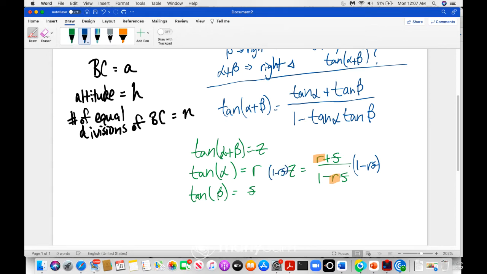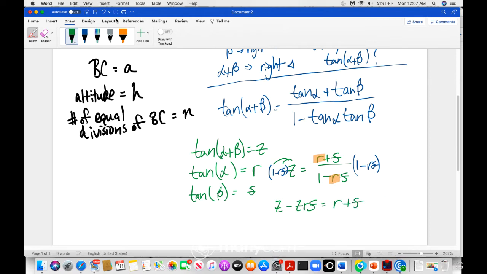All right, and then I'm going to combine all of the terms with an r. So I'm going to distribute this z over here. So I get z minus zrs equals r plus s.